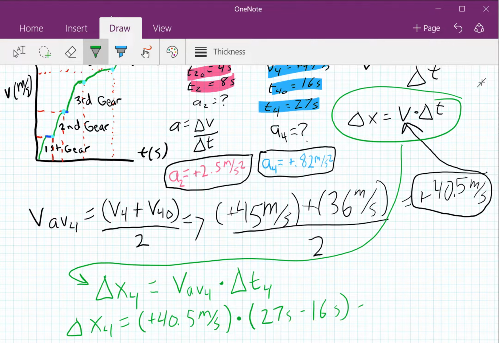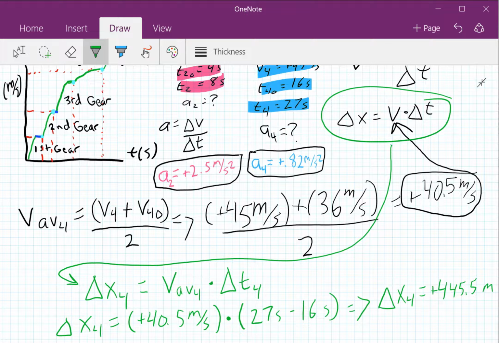And your answer will be that delta x equals a positive 445.5 meters, which with 2 sig figs, because none of the values I received from the graph have more than 2 sig figs, would be positive 450 meters, and that would be your answer.